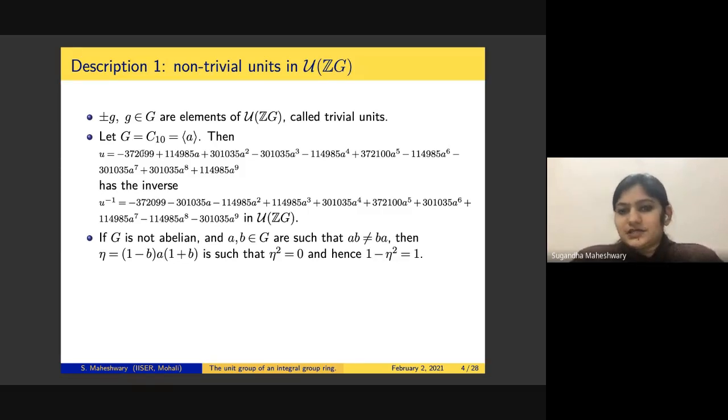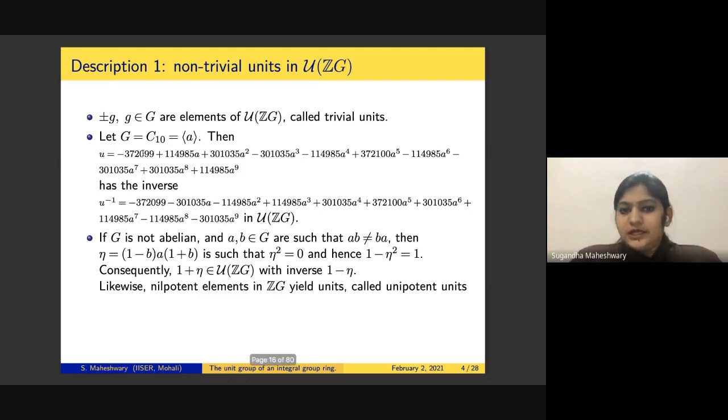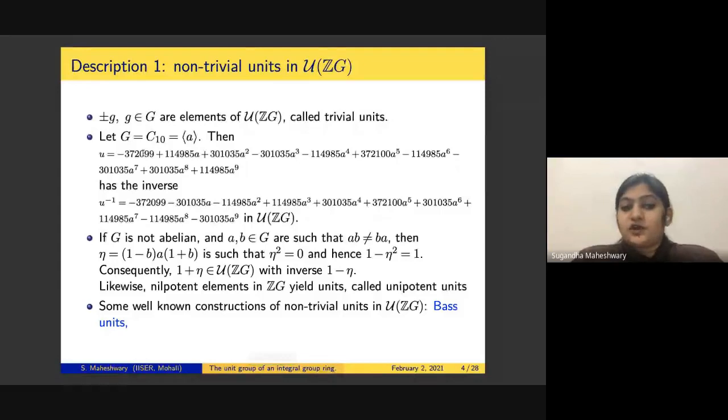This easily gives us that 1 minus eta and 1 plus eta are both units in ZG. Similarly, if you have any nilpotent element, if eta to the k is 0, then 1 minus eta becomes a unit in ZG, and we call those unipotent units. So this is one way of constructing non-trivial units if you have two non-commuting elements. There are other constructions of non-trivial units, most prominently the Bass units.